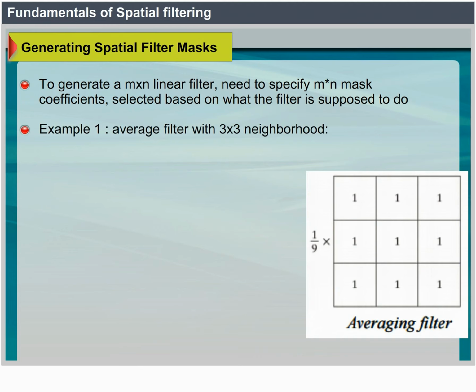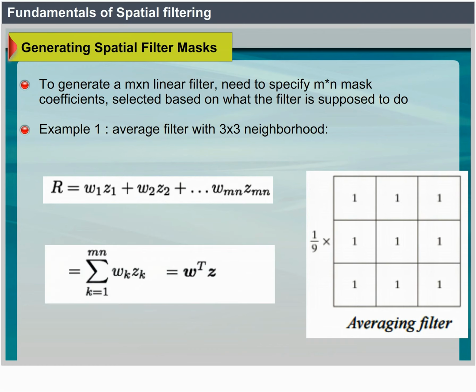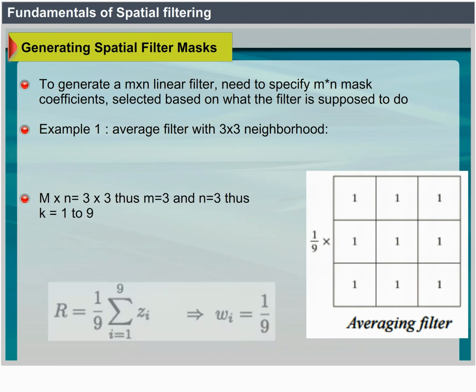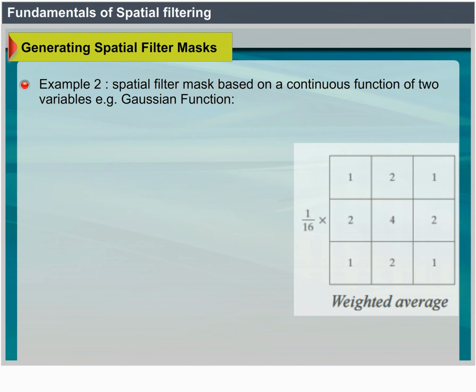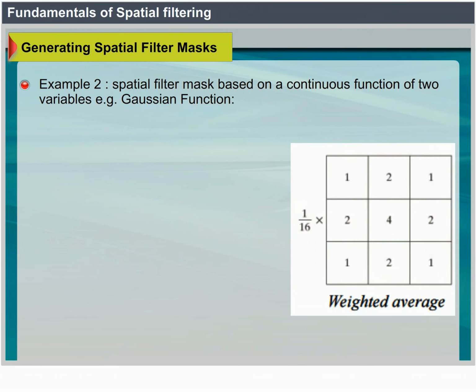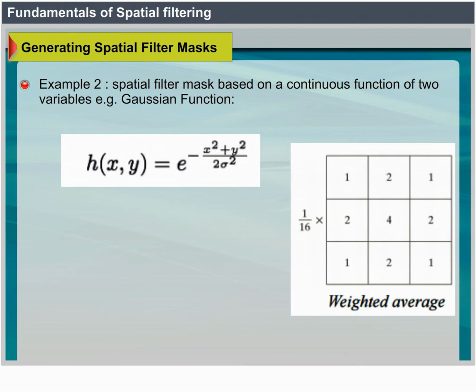Histogram processing. Histogram of an image m*n with intensity levels in 0, L-1. Discrete function h of rk equals nk, where rk equals kth intensity value and nk represents the number of pixels with intensity rk.